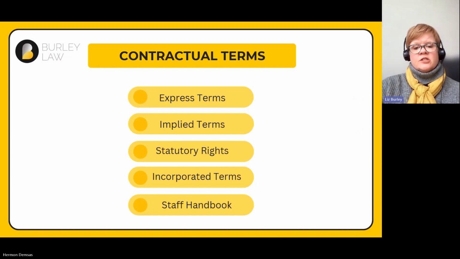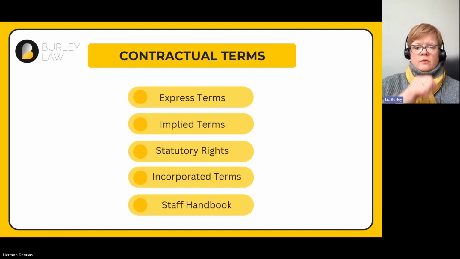Similarly, there's an expectation and a condition that an employer will provide work to an employee who they have employed. And if they don't do so, then that would be regarded in law as a fundamental breach of contract. It might also give an employee a claim for layoff or redundancy.